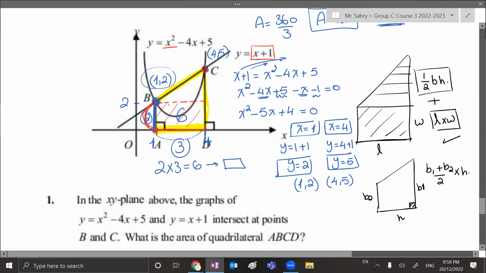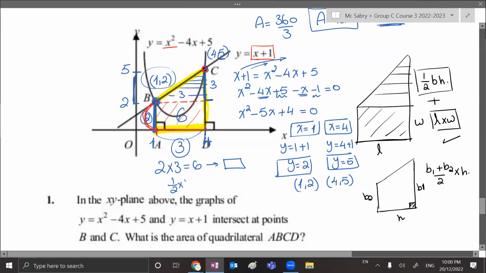Now let's work on the triangle. In the triangle, I need the base, and I know the base, the 3. I need now to know the height, which is this length here. The y here is 5, and the y here is 2. So this height is from 2 to 5, that's 3. So the area of this triangle is half times base times height.